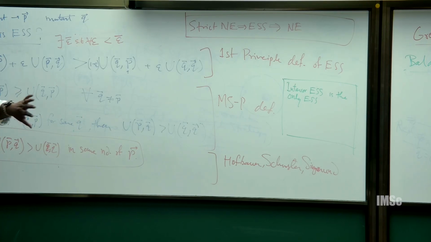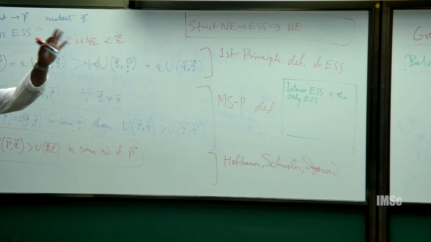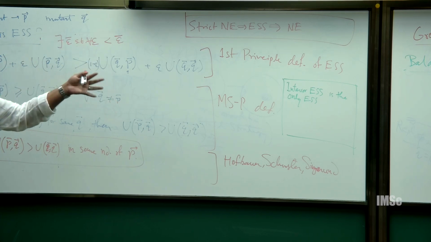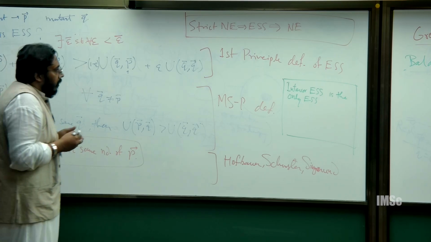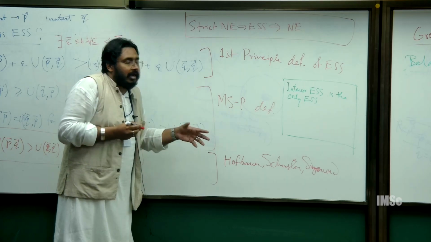But the beauty of game theory evolution is that it is all pervading in a sense. You have a single mechanism to understand everything. Okay, so now coming back, let's do one example.